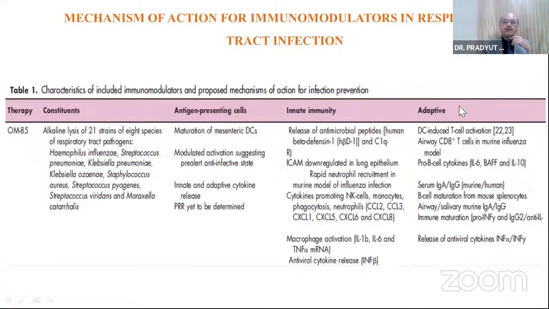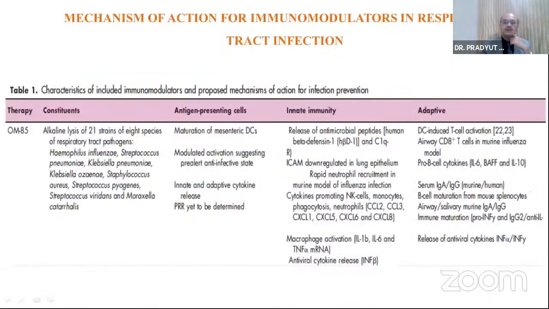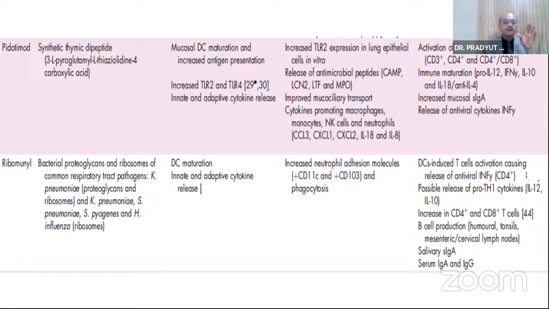The third component, what we see here, is ribofulin. Ribofulin is also another immunomodulator, which is actually a mixture of bacterial proteoglycans and ribosomes of common respiratory tract pathogens which affect the respiratory system.